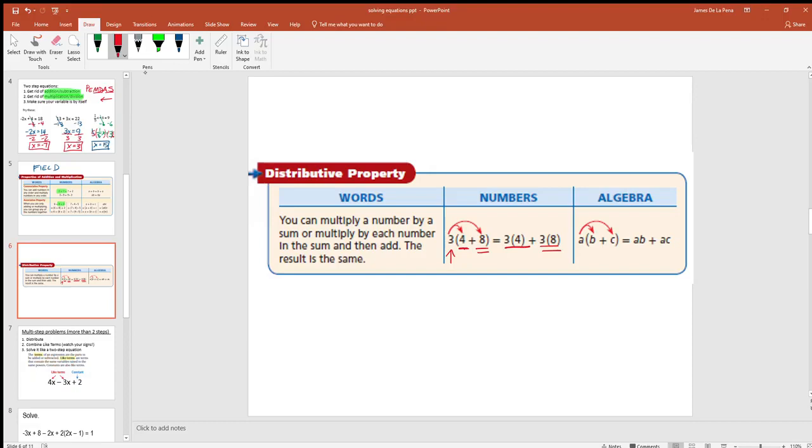What we do with the distributive property most of the time is, for example, if we're multiplying a value like 2x times x plus 5.